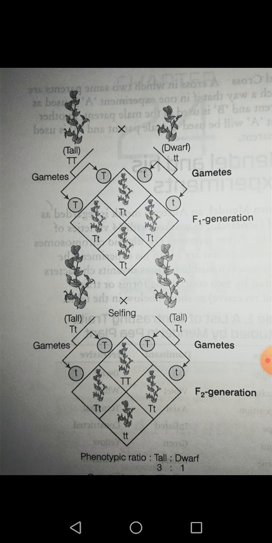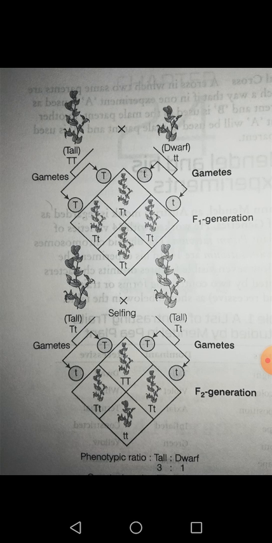Before starting the two laws, go through these diagrams. You are observing there are two plants. One plant is tall and the second plant is dwarf. As I mentioned earlier, for every character there are two genes which are referred to as alleles. Here, for the tall plant the two alleles are capital T and capital T, while for the dwarf plant the two alleles are small t and small t.